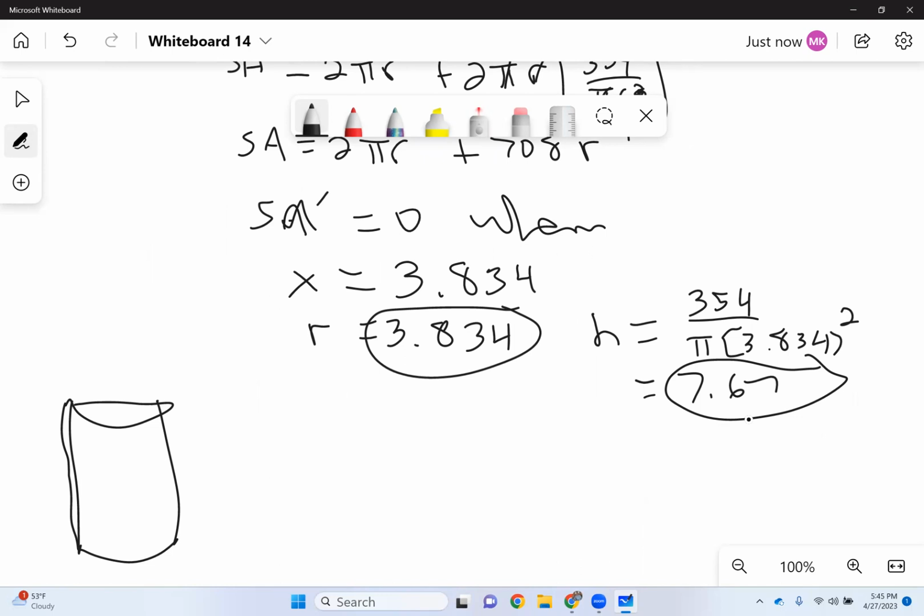But they say in the real world, the radius is 3.1 and the height is 12. And here's what I say to that. I would imagine it costs more to make the top and the bottom because the top and the bottom have that lip going around, you know, it sticks up a little bit. So it probably costs a little bit more to make the top and the bottom. So you want to make those a little smaller and the height a little bit bigger because the height's a little cheaper. That's how I would surmise that.